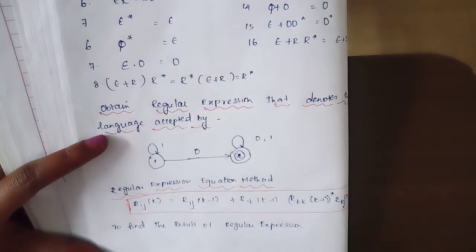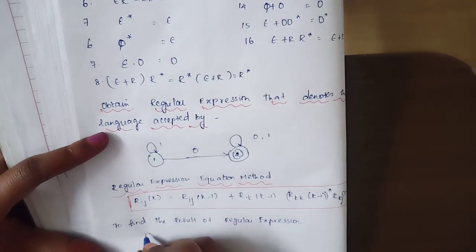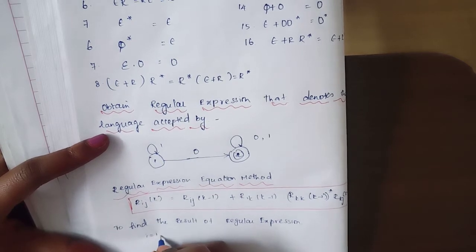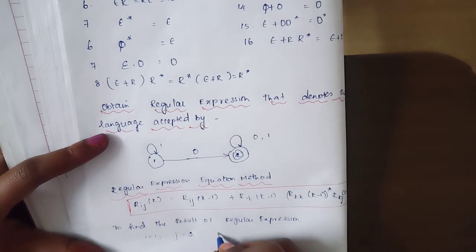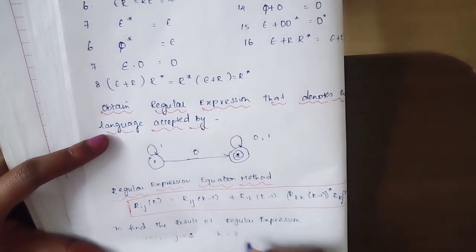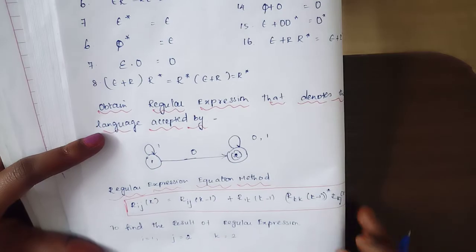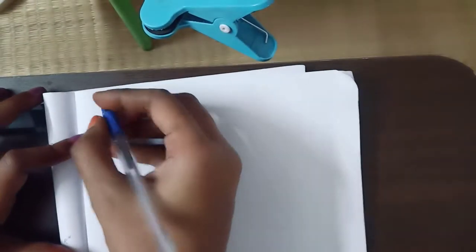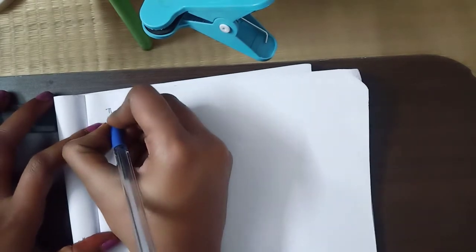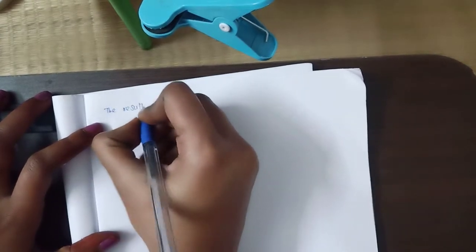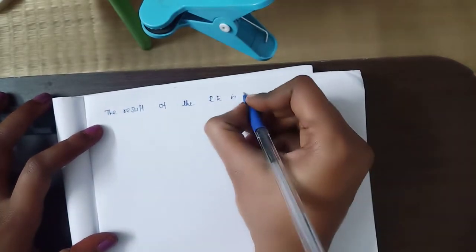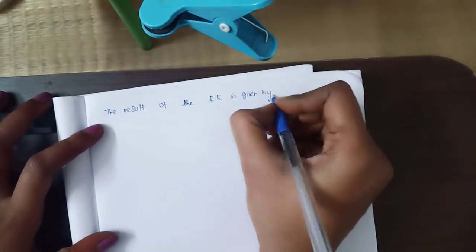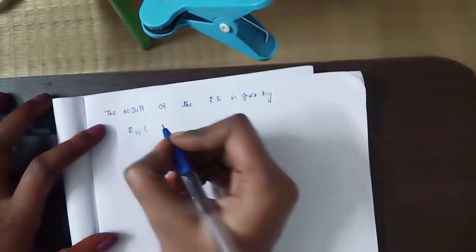So for this, here i equal to 1, j equal to 2, and the total number of states is also 2. The result of the regular expression is given by R12 of 2.